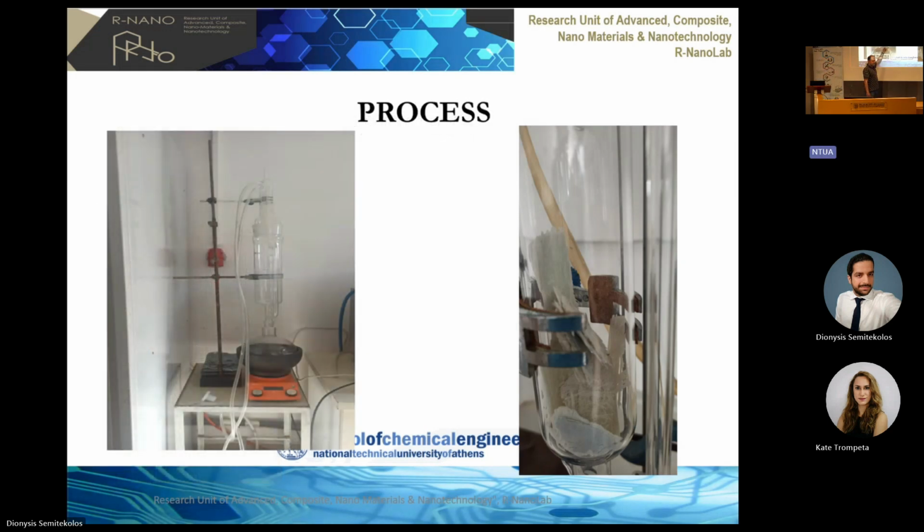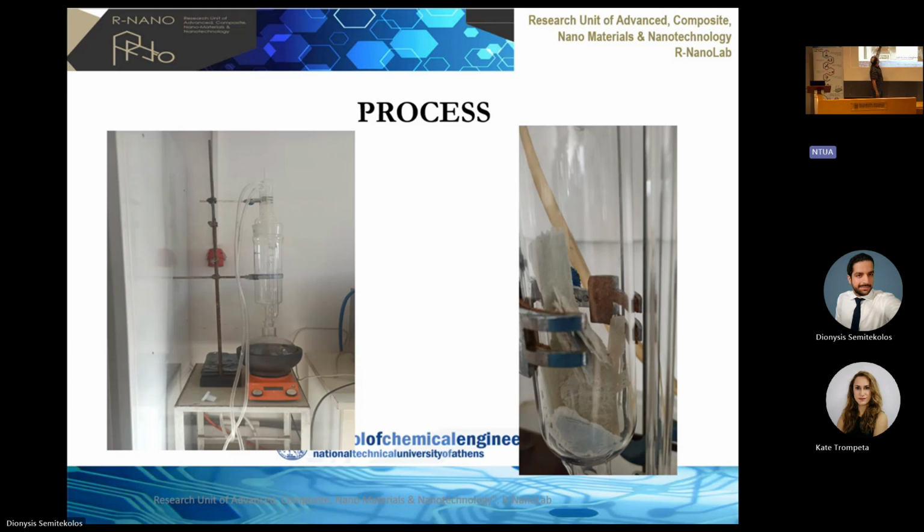We have here a spherical glass vessel, and when we put the solvent here, actually it's formic acid, not a solvent, but the liquid.